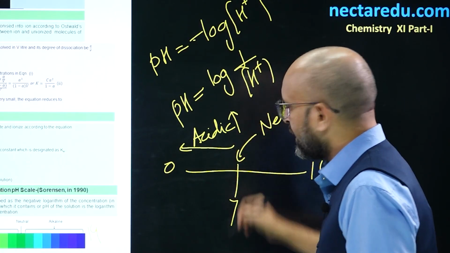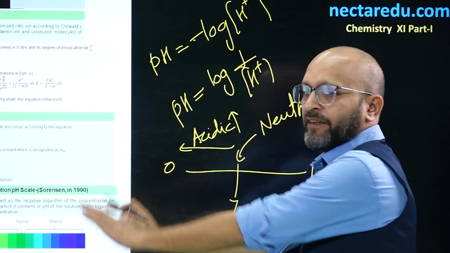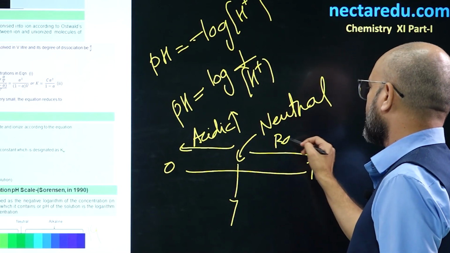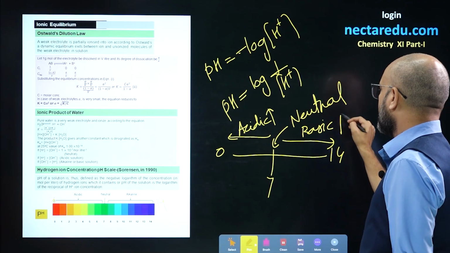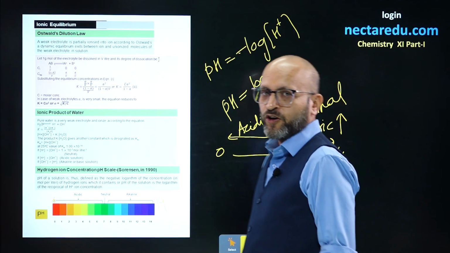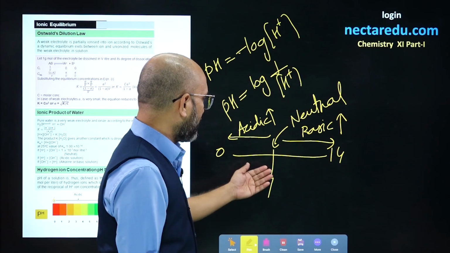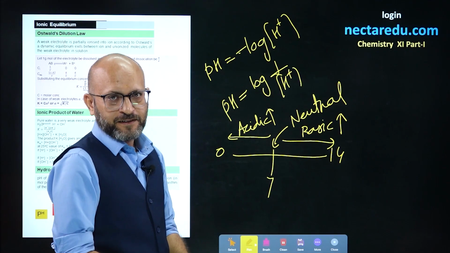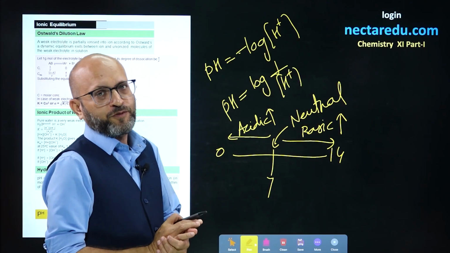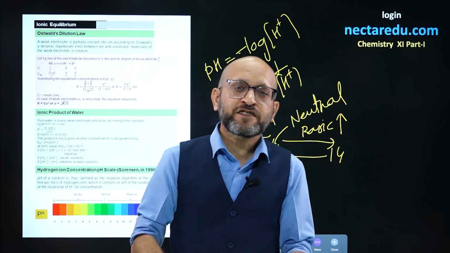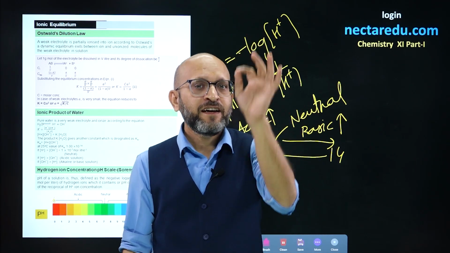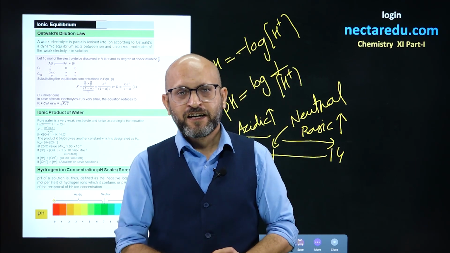If we go from 7 to 14, basic character increases. So neutral pH is 7, less than 7 is acidic, more than 7 is basic. From here, I hope you understand that higher the pH, more will be basic character. Lesser the pH, more will be acidic character. That's it for now.